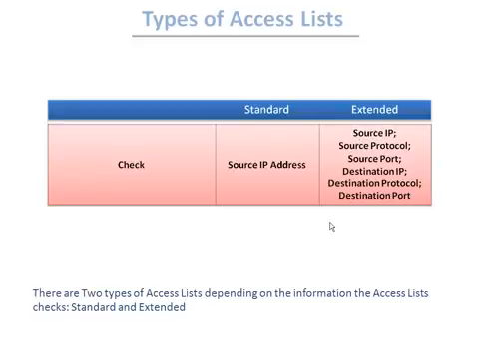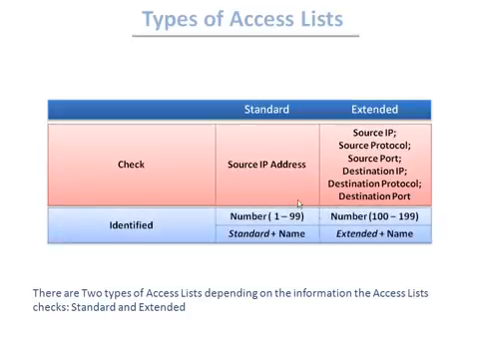There are two ways to identify whether an access list is standard or extended. We can identify them by number, where for standard access lists we have to use a number between 1 and 99, and for extended access lists we have to use a number between 100 and 199. But we can also identify access lists by names, meaning we can call an access list junk traffic or bad traffic or whatever we want.